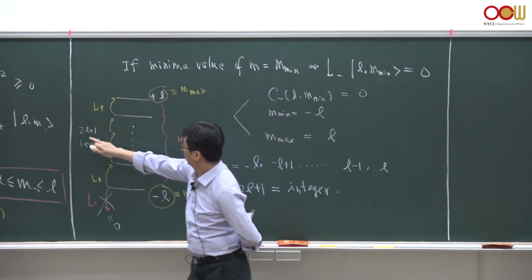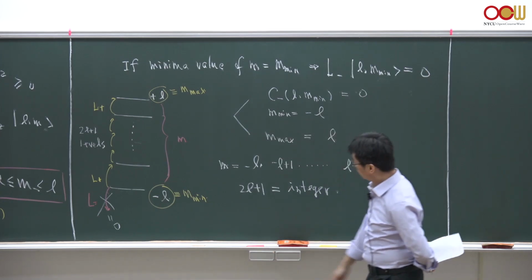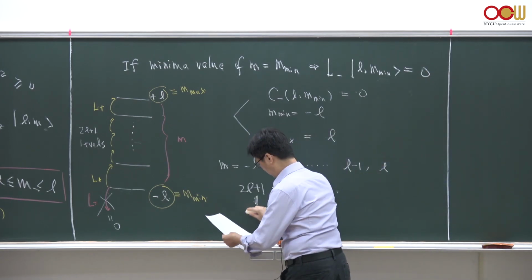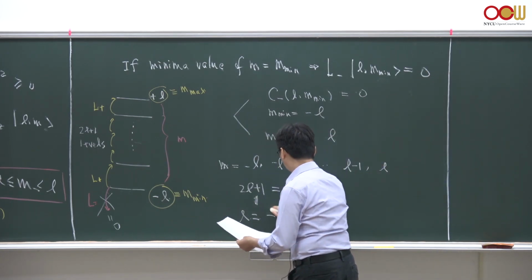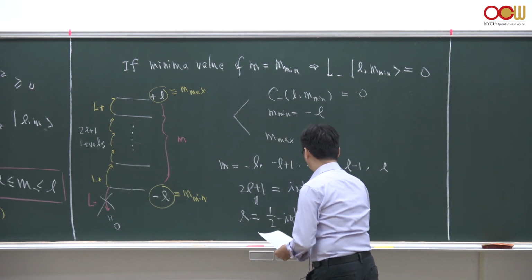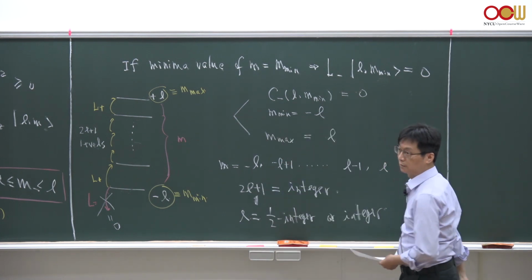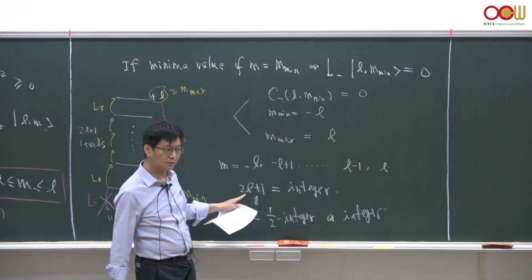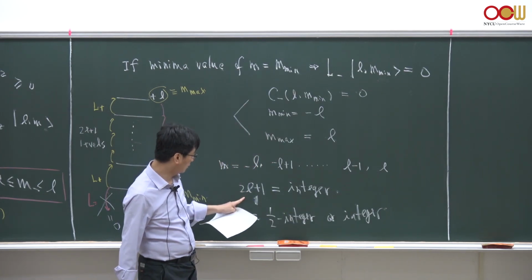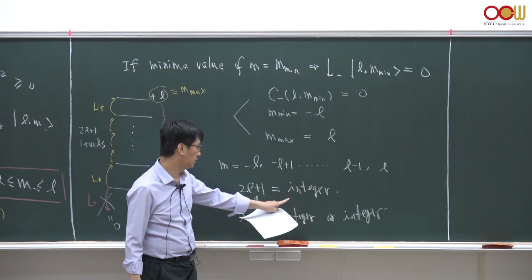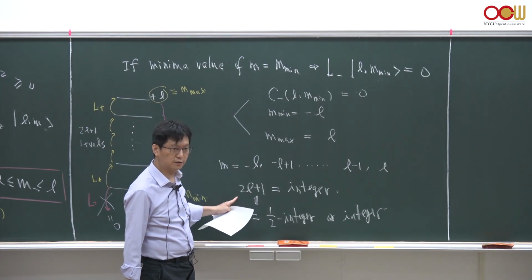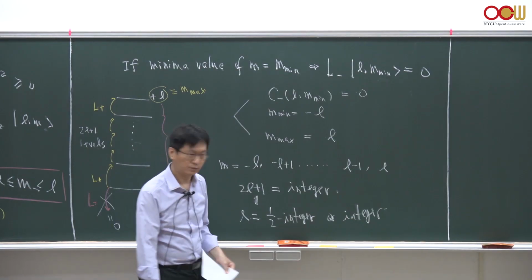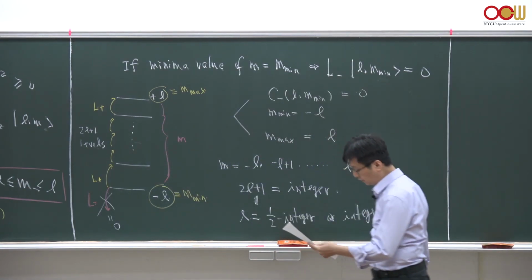As a result, this 2L plus 1 could only be an integer, which means that L could be either half integer or integer. Half integer times 2 is an integer, plus 1 is another integer. But integer times 2 is an integer, plus 1 is another integer. L could be either half integer or integer.